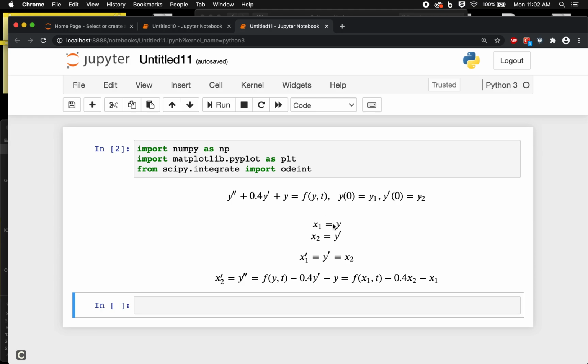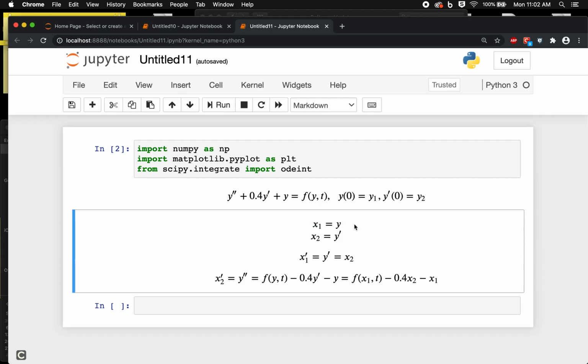So the trick to convert this equation up here into a first order equation, or two coupled first order equations, is that we're going to define two dummy variables. The first dummy variable, x1, we're going to set equal to y. And then we're going to set x2 equal to y prime. So these are going to be our two new variables, one set equal to y and one set equal to y prime.